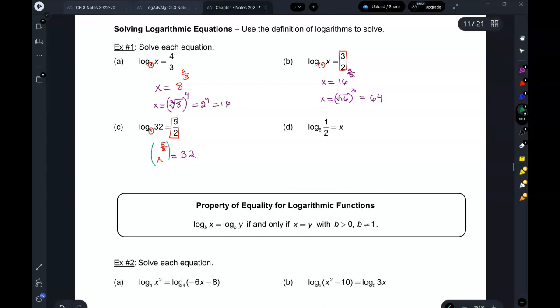So how would we solve for x here? Raise both sides to the power of 2/5. So x is the fifth root of 32, squared. The fifth root of 32 is 2. What I meant to say is five 2's make 32, right? So this is 2 squared, 4.